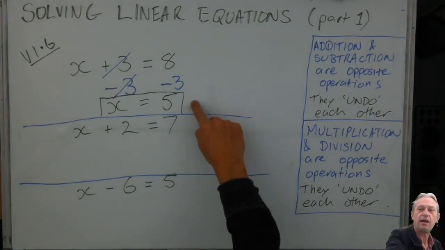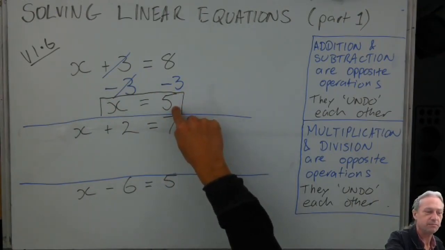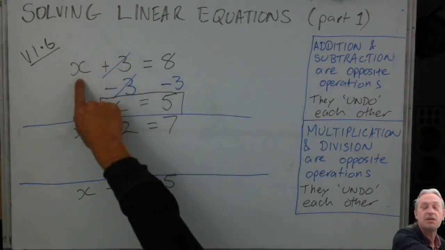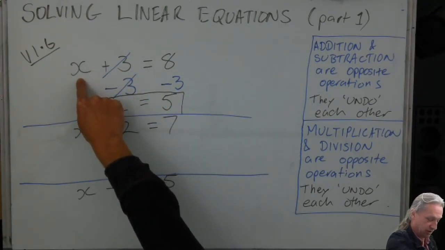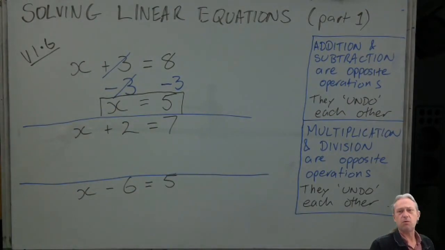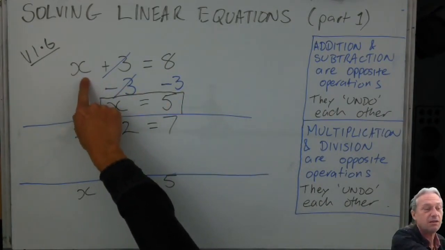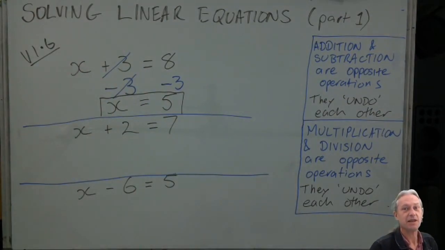And we can take our answer, or what we think the unknown is, and plug it back into our original equation. This is sort of substituting, which we will get to in the next video. But essentially, if we put 5 in here, 5 plus 3 is indeed 8. So that's a way to check if we've done the right thing.